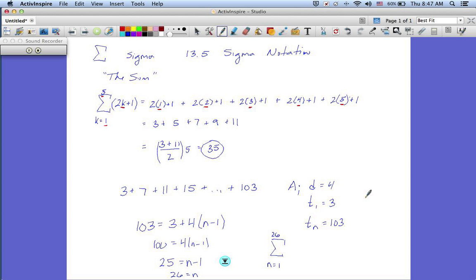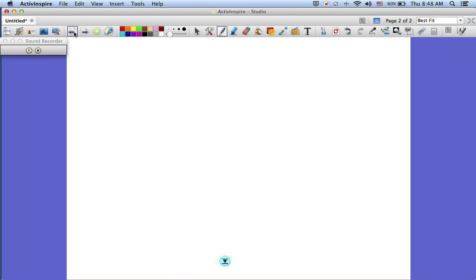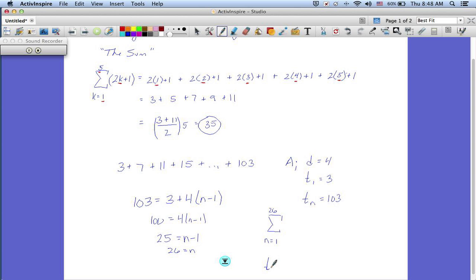Well, my formula is t sub n equals the first term plus the difference times n minus 1, which if we simplify that, we get 4n minus 1. So that is my condensed version, my sigma notation for this.